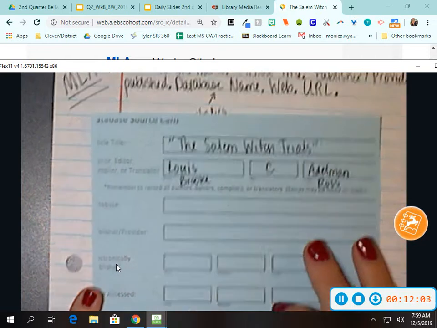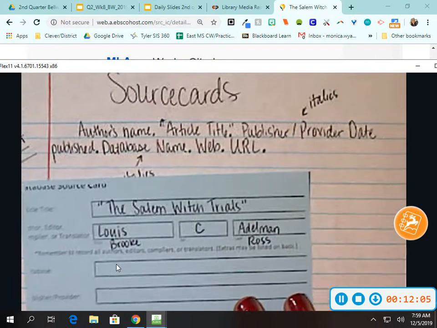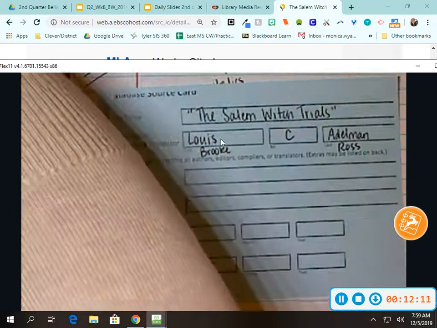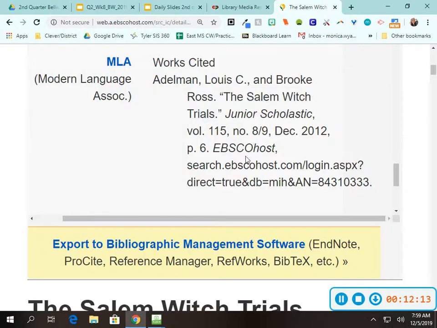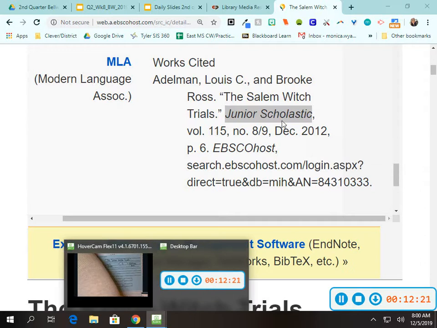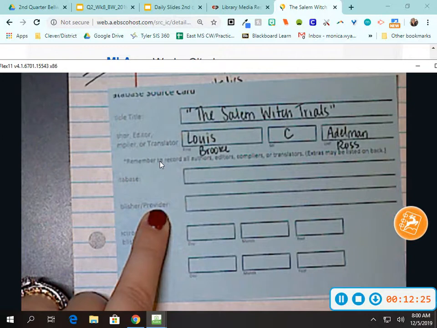Okay, according to your notes, what's the next thing that's going to be? Publisher provider. So you're going to come down here to publisher provider on your database source card. We're going to go back to our citation. So we have Junior Scholastic. Do you see how that's in italics? Okay. So that's going to be our publisher provider.